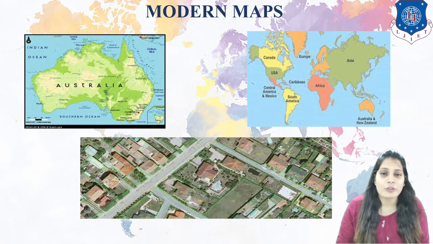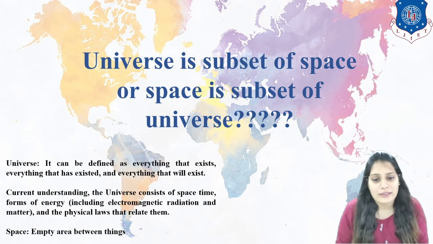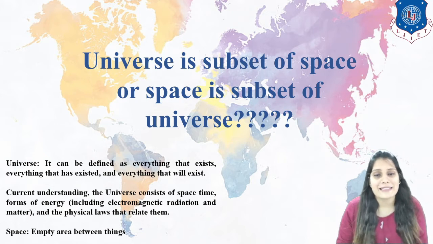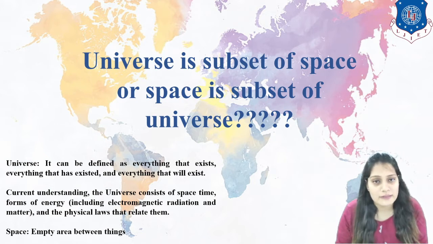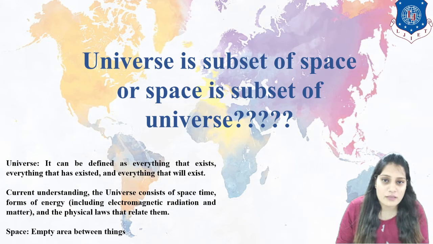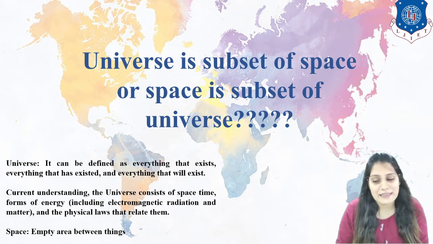Now, before going further, I have a major question: is the universe a subset of space, or is space a subset of the universe? These two are the major question. What is the universe? What is space? It can be defined as everything that exists is the universe.